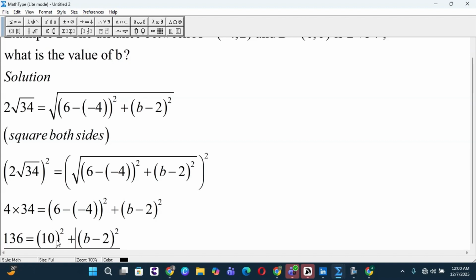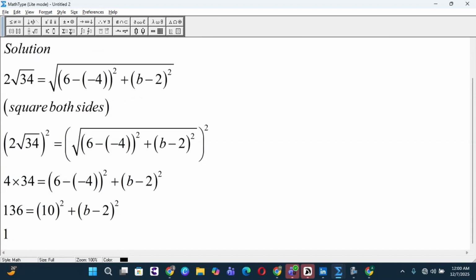If I take 100 to the other side, this will become 36. And since 36 is a perfect square, I can easily find the square root of that. So I'm going to have 136 equals 100 plus, and I don't want to expand this yet, so let me leave it this way.